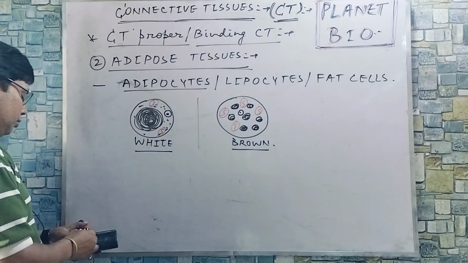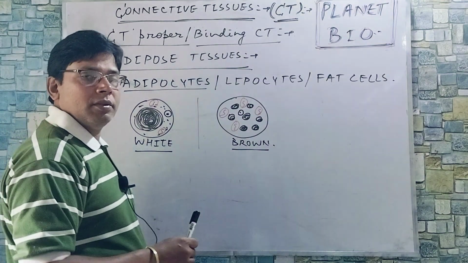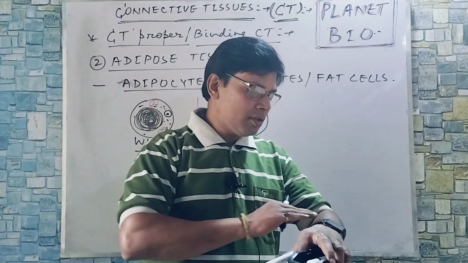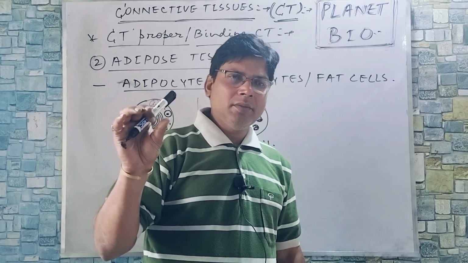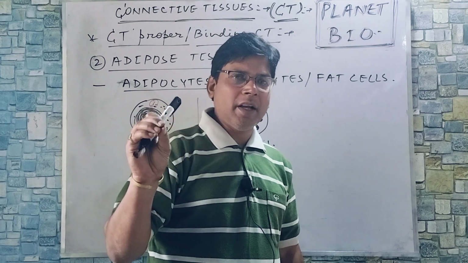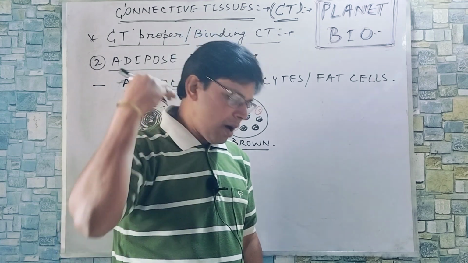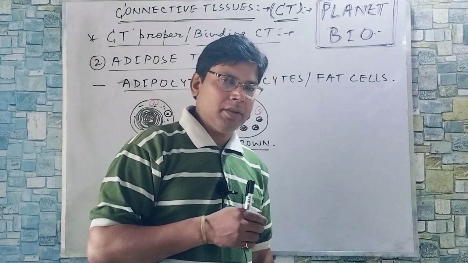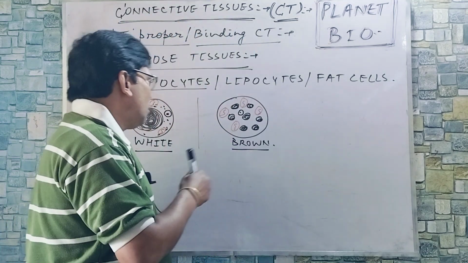Now, normally adipocytes are found beneath our skin, so subcutaneous fat. Then the blubber of whales and elephants, subcutaneous, below the skin. Then the hump of camels and some animals. Then the tail of merino sheep.